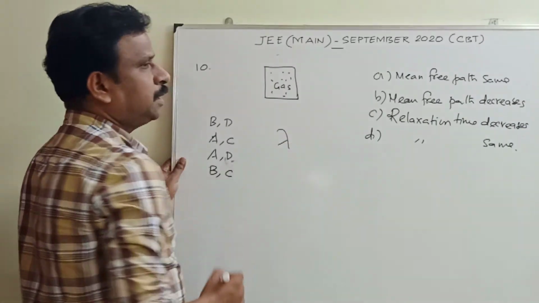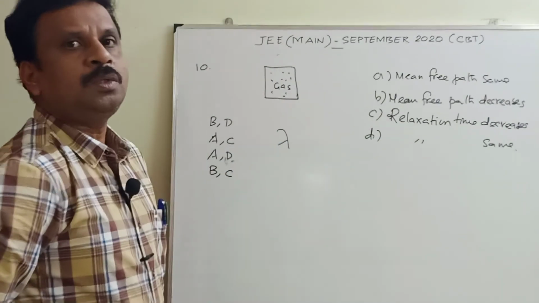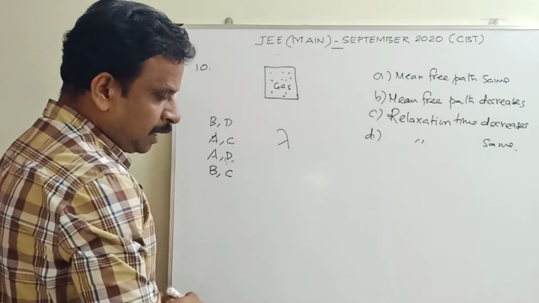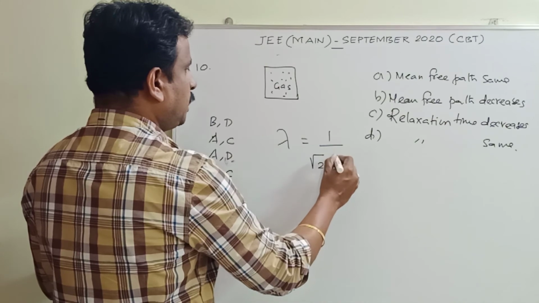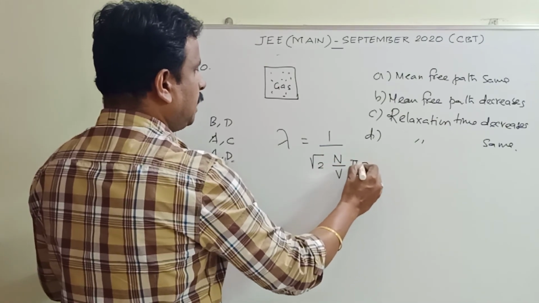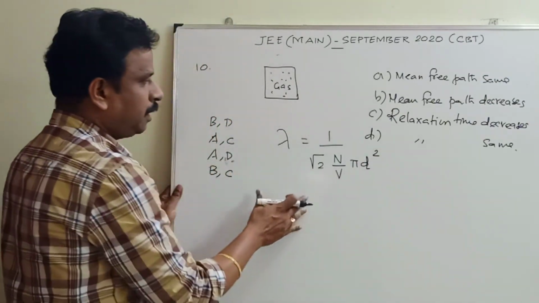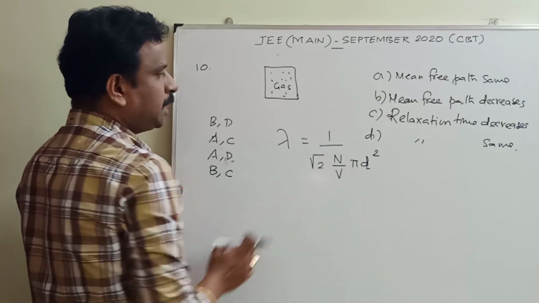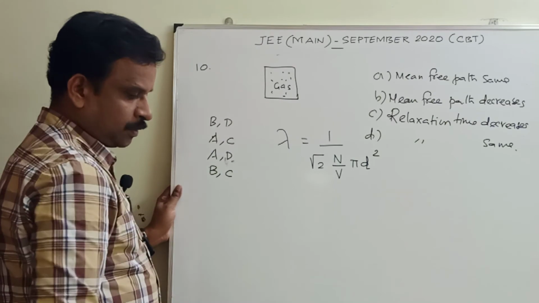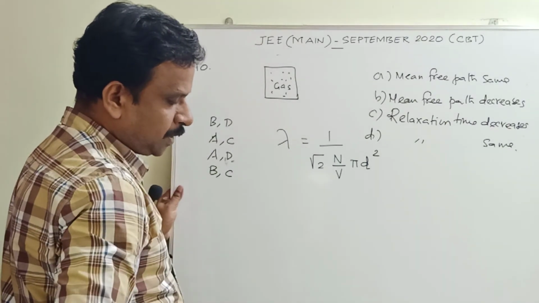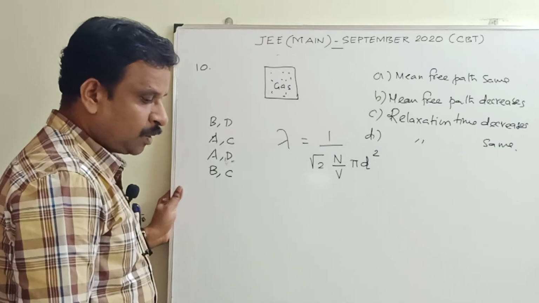What is mean free path? Mean free path is nothing but the average distance between two successive collisions. Its value is given by 1 divided by root 2 into n by V pi d square. We have to explain each and every term, where n is the number of molecules, V is the volume of the container, and d is the diameter of the molecule.